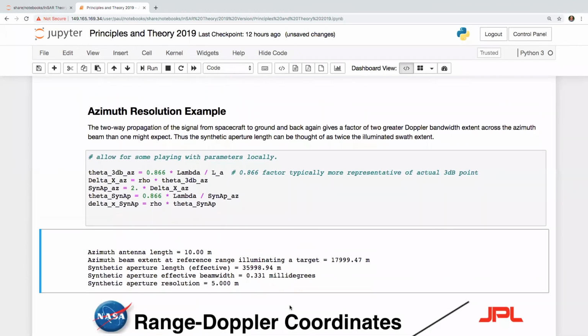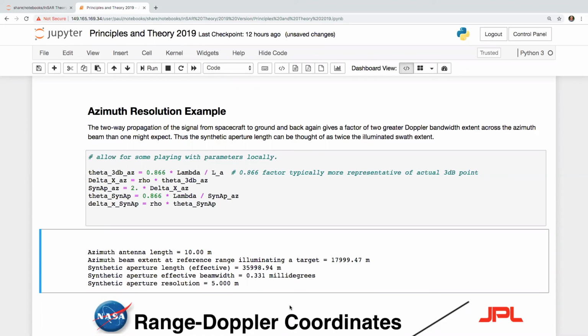Yes? How does the same SAR change the resolution with different modes? Yeah. So there's a number of ways. In range, you can change the resolution by changing the bandwidth that you transmit.